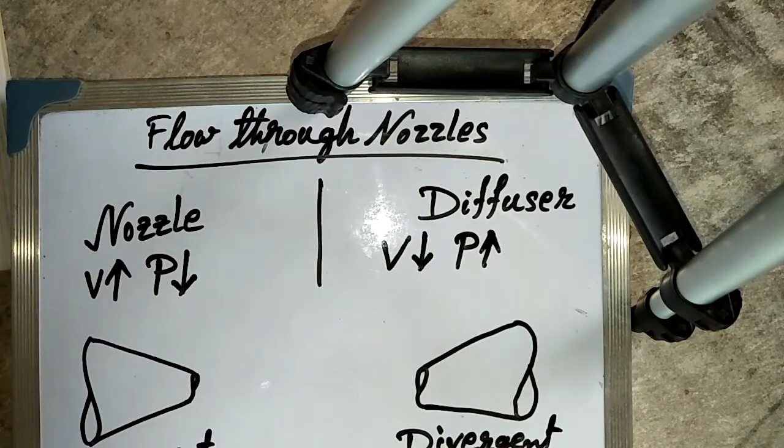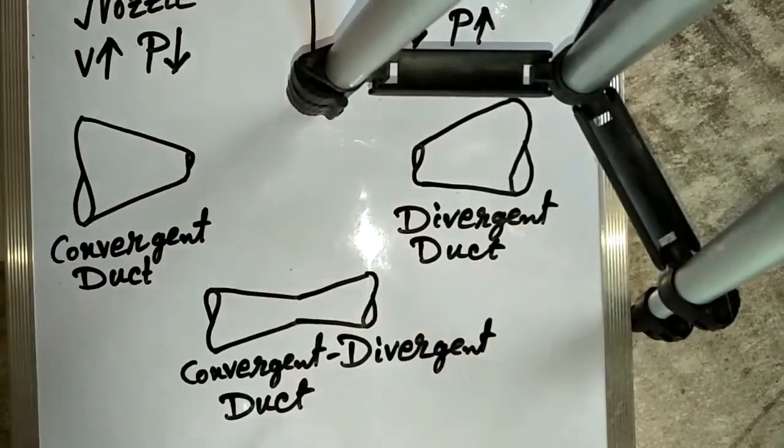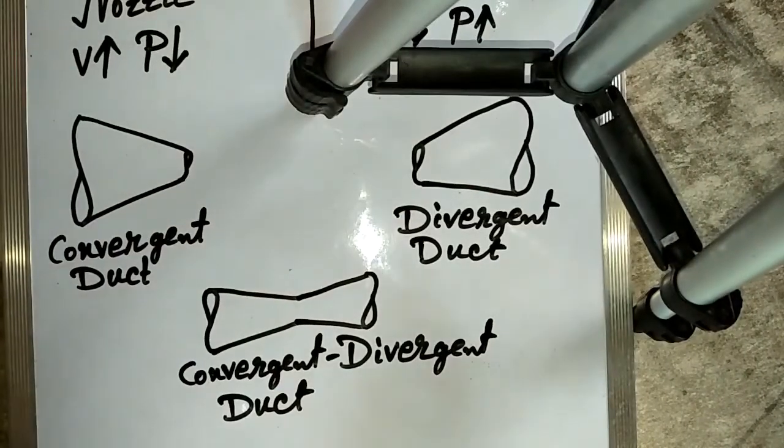So in a diffuser the velocity gets decreased and the pressure gets increased. The same duct can be used as a nozzle or as a diffuser depending upon the end conditions across it.